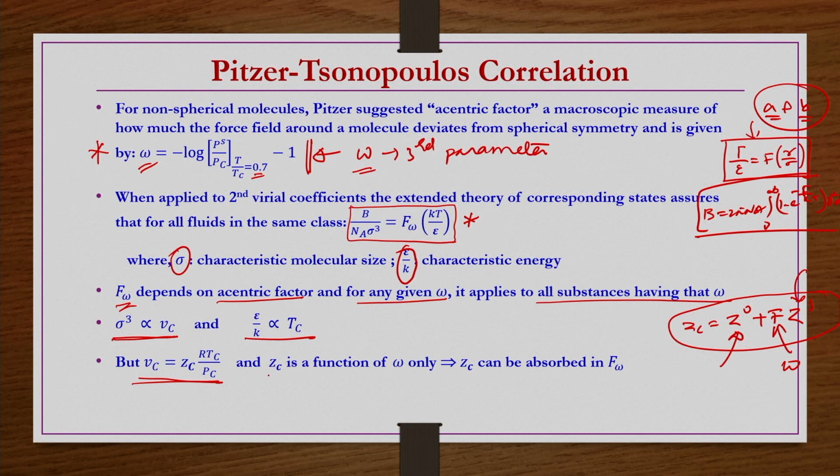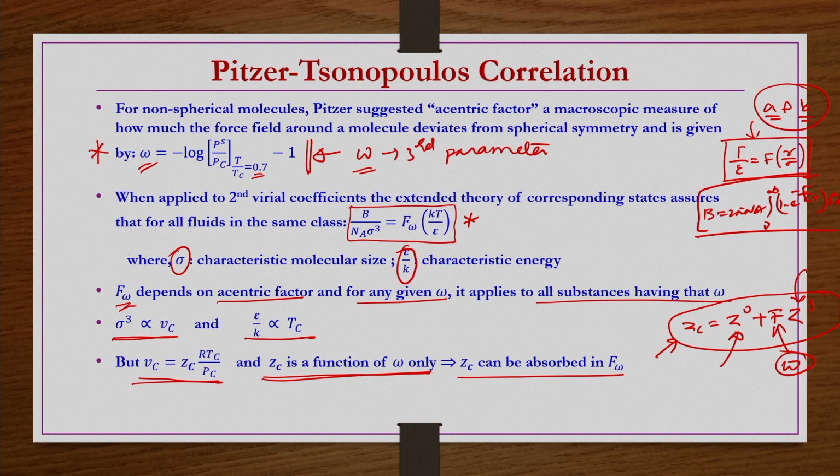And Zc is a function of omega only, that we know through this relation. It is not a function of anything like reduced temperature. It is a function of only omega here. So, we can say Zc can be absorbed in Fw, right.